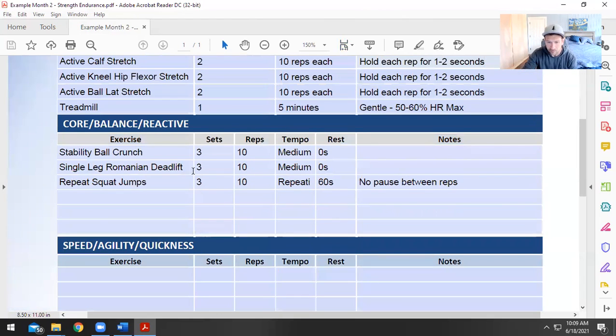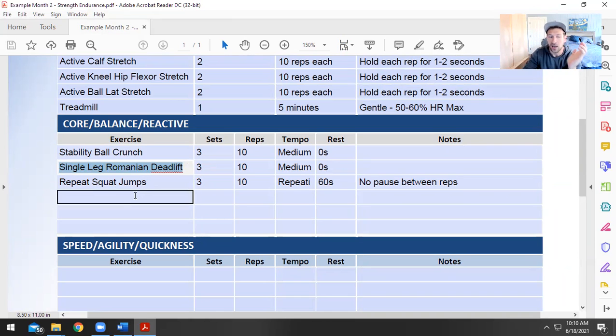So then we've got our core stuff, our balance core and reactive, our movement prep, right? Now instead of doing a plank, which didn't move the spine, I'm doing a ball crunch, which does move my spine. Instead of doing a lift and chop, which didn't move my balance leg, now I'm doing a single leg Romanian deadlift, which does move my balance leg.